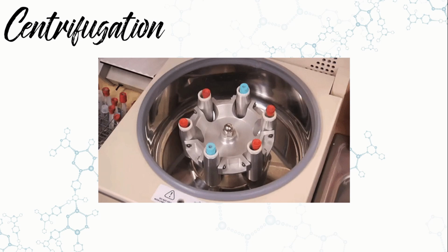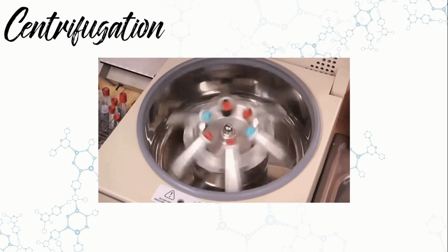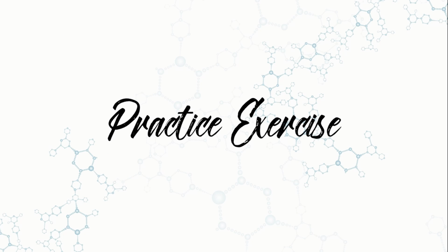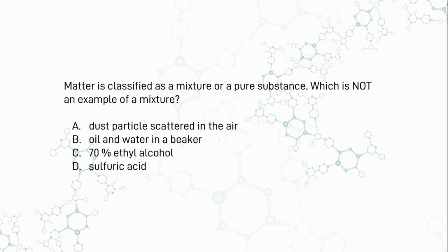Okay, so before we end our discussion, let us have practice exercises. Matter is classified as a mixture or a pure substance. Which is not an example of a mixture? A. Dust particles scattered in the air. B. Oil and water in a beaker. C. 70% ethyl alcohol. Or D. Sulfuric acid.